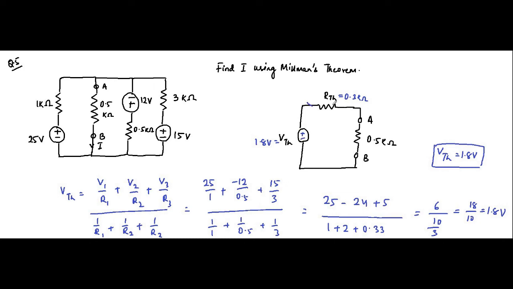Current will flow in this direction, which is I. So I is VTH 1.8 by RTH 0.3 plus the resistance 0.5, both in kilo ohms, so 1.8 by 0.8, and the value will be in milliampere. That is coming around 2.25 milliampere.